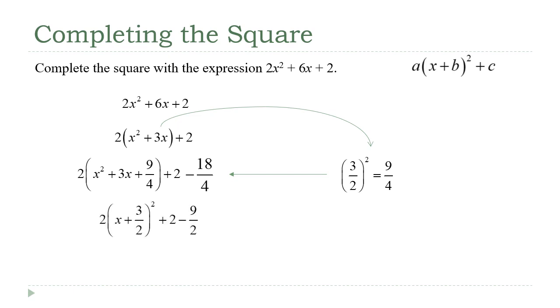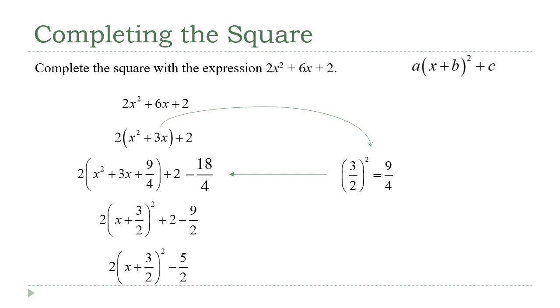So when I do that, this is going to become 2 times x plus 3/2, quantity squared, plus 2 minus 9/2. I reduced the fraction because now I have to combine the 9/2 and the 2. That means a common denominator, and that's just marginally easier if the numbers are smaller. So 2 is 4/2. 4/2 minus 9/2 is negative 5/2, and there's my final result.